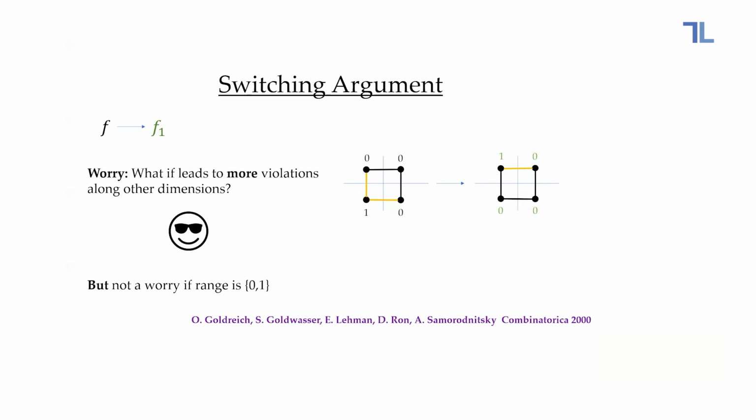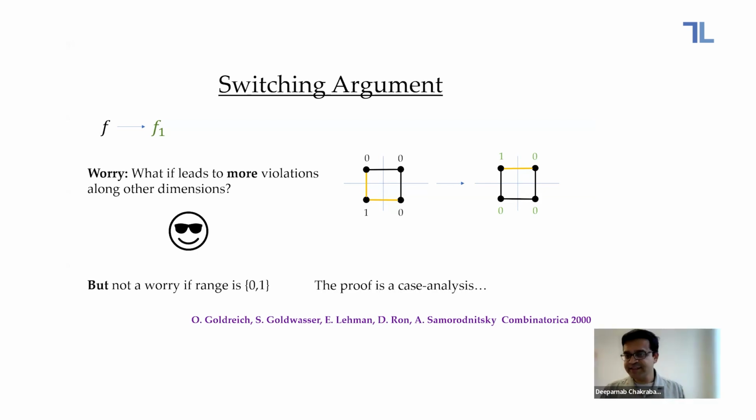But I'm in no way saying that this is the only one that works. In fact, there are other ways of doing it. You could fix across dimension 1 by looking at the more global picture, and that gives you a better argument. And actually, there was a follow-up paper which shaved off a factor 2 on this. Okay. Thanks. But this is a very clean argument, and it works.